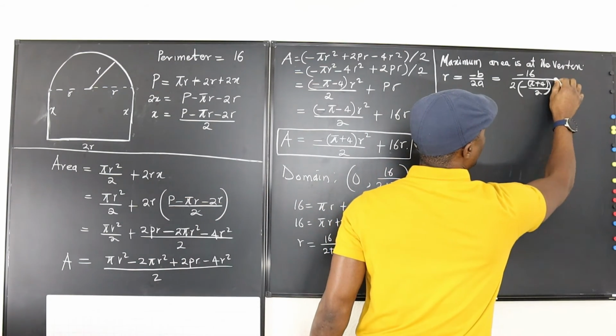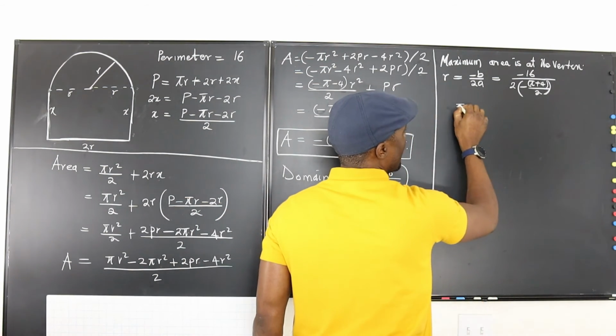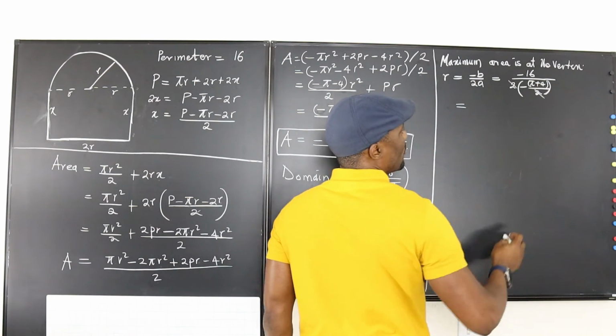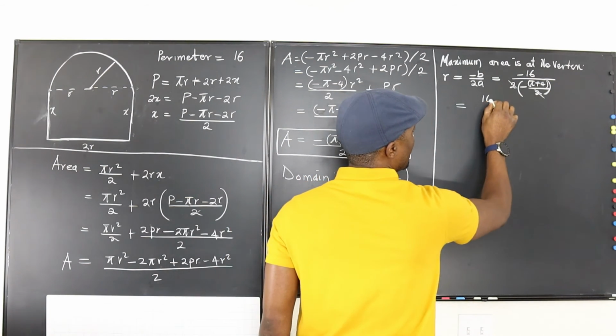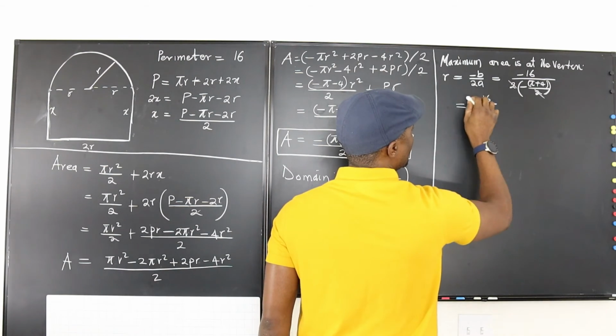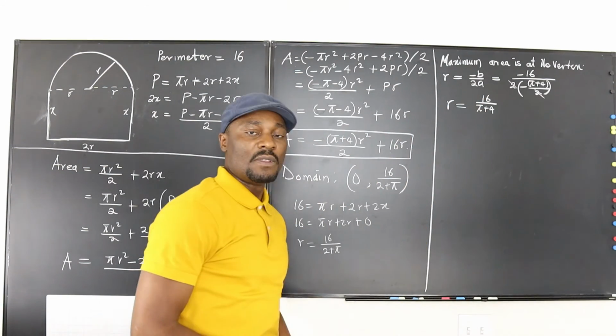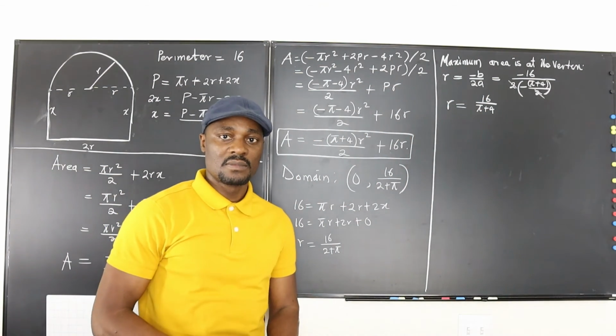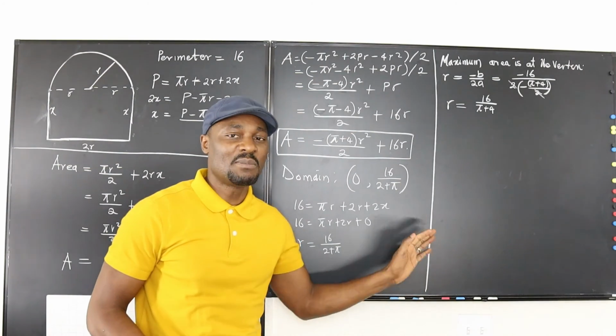So this will cancel out, and what is left will be 16 over pi plus 4. This is the value of the radius at the maximum point.